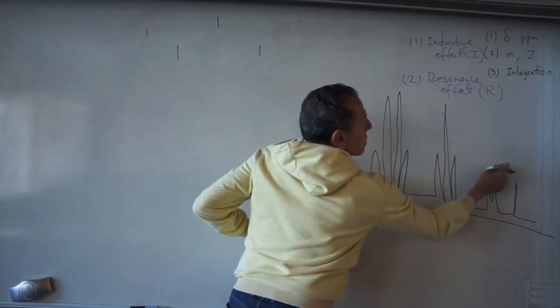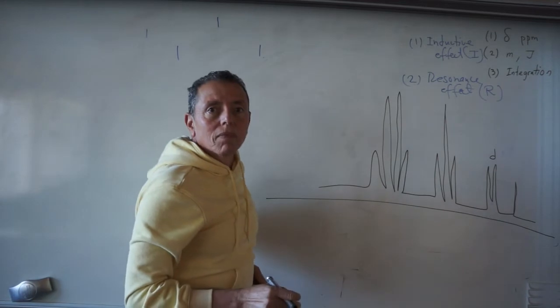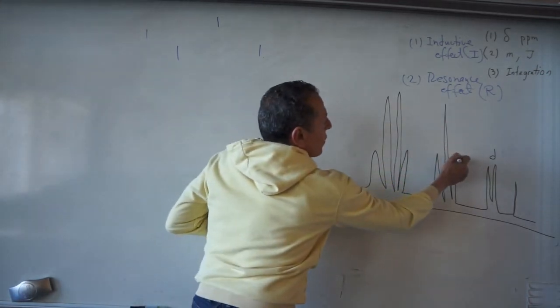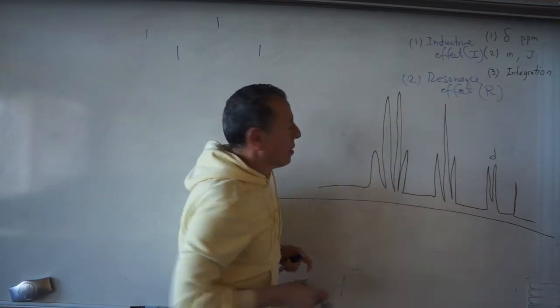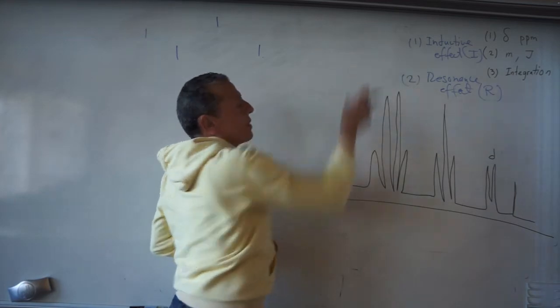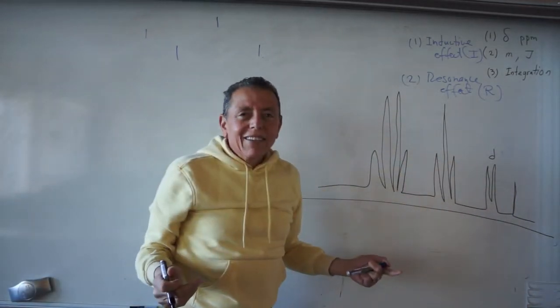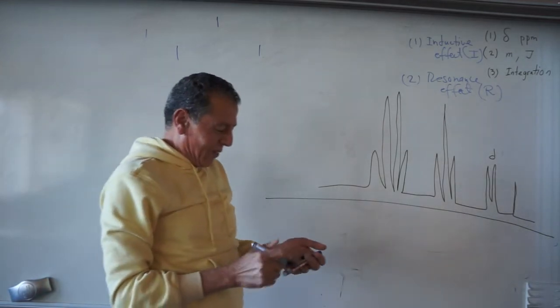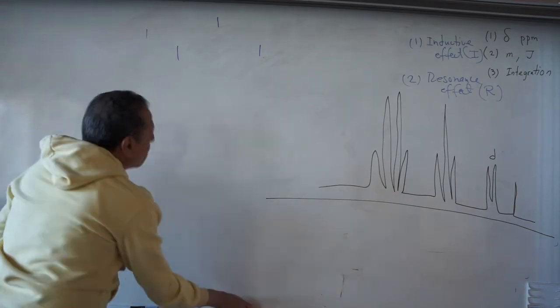So why, in this doublet, are the two lines almost the same? And here, the first and the last are approximately the same, while the middle is double. Again here, the right and the left are almost the same, while the middle is double. This is controlled by what? By a very nice rule, which you can play with, as I usually say to the students.